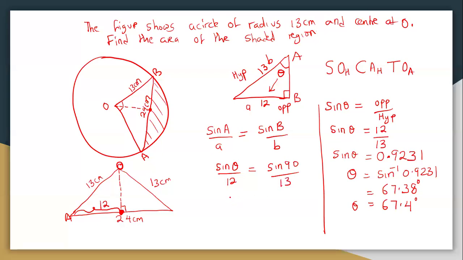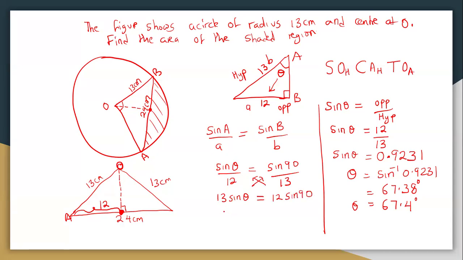Then I cross multiplied. I got 13 sine theta is equal to 12 sine 90.